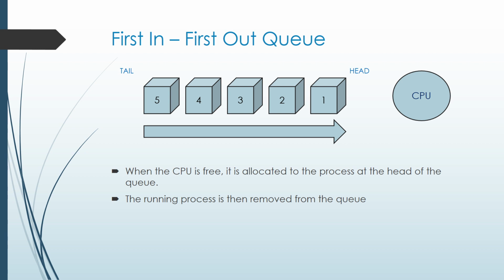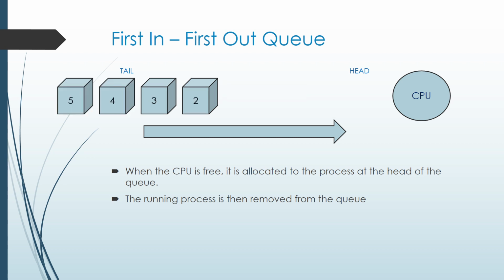Now when the CPU is free, let's say for example, there is no process going on around our CPU, it is then allocated to the process at the head of the queue. So by this diagram, if this CPU is vacant, process 1 will be accommodated by the CPU. And then the running process is removed from the queue.